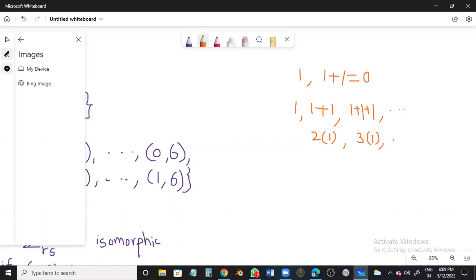I hope all of you agree. How will I write 4? I'll write 4 times 1. Means I'm adding 1 plus 1 plus 1 plus 1, 4 times. So all the elements I can enlist this way. I hope all of you are getting my point. And when I reach 7, 7 times 1, it is 0. Do you agree?